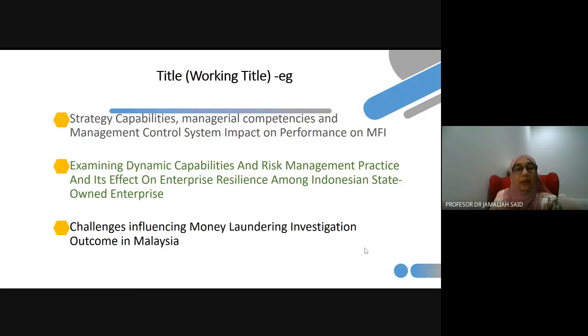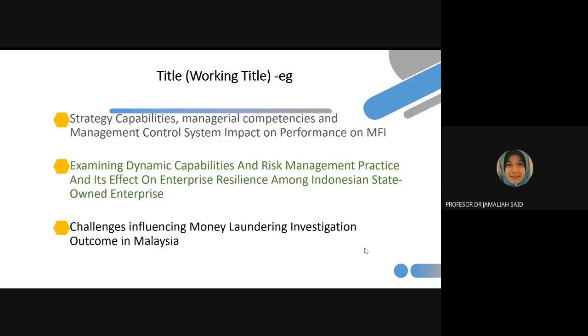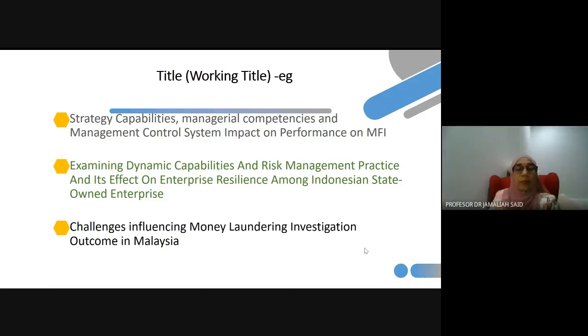Next one is dynamic capabilities and risk management on enterprise resilience among Indonesian state-owned enterprises. So the student is trying to examine whether dynamic capabilities, I do not know what they are, maybe human resource, maybe quality of leaders, maybe marketing capabilities or IT capabilities.